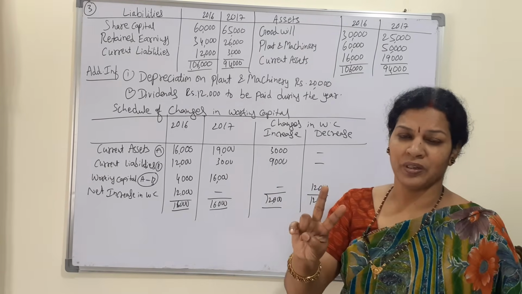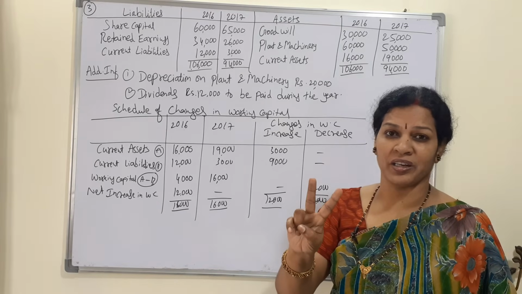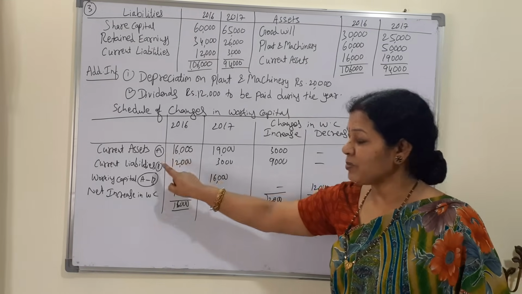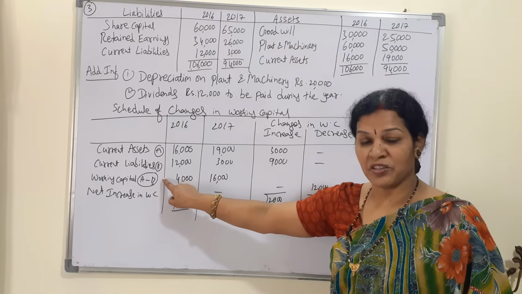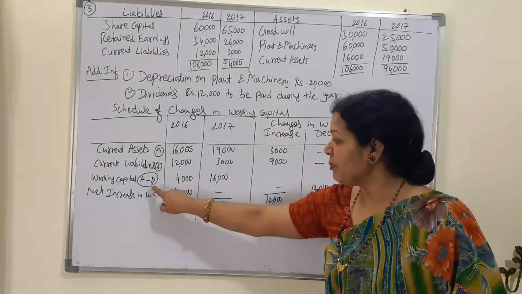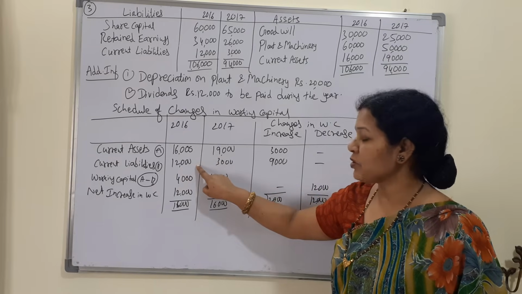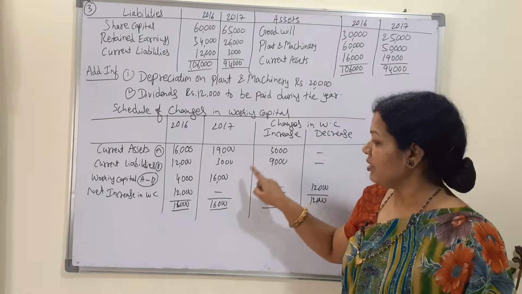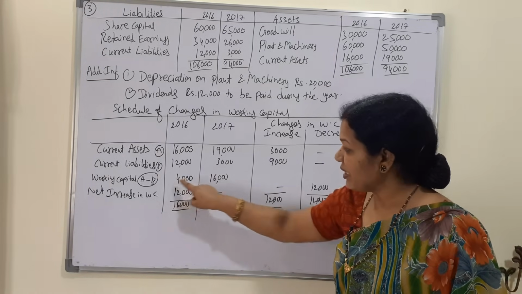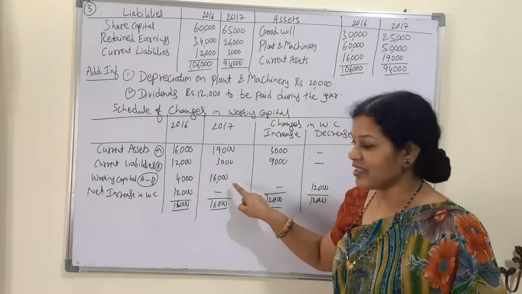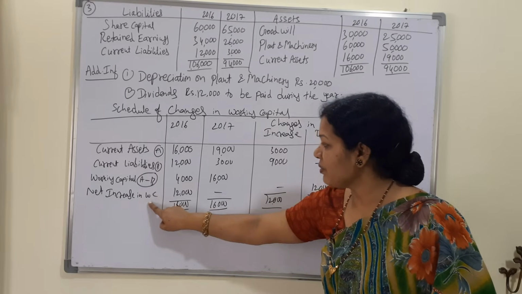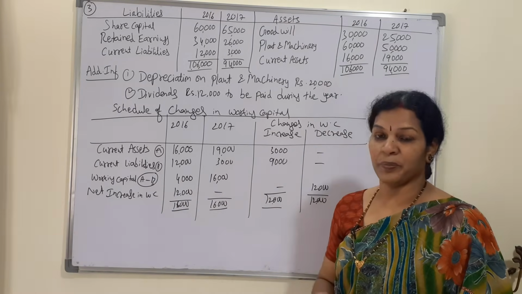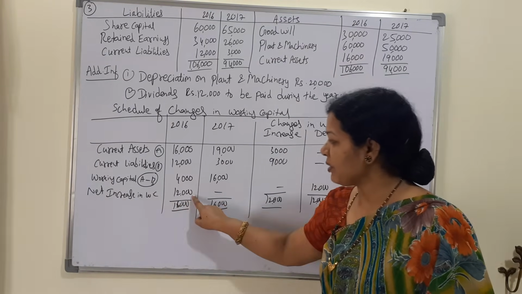Only two items are there, total current assets and total current liabilities. Then working capital is A minus B, total current assets minus total current liabilities. A minus B is 16,000 minus 12,000, 4,000, and 19,000 minus 3,000, 16,000. Now net working capital is increasing. The net increase in working capital is the difference between 16,000 and 4,000, so 12,000.